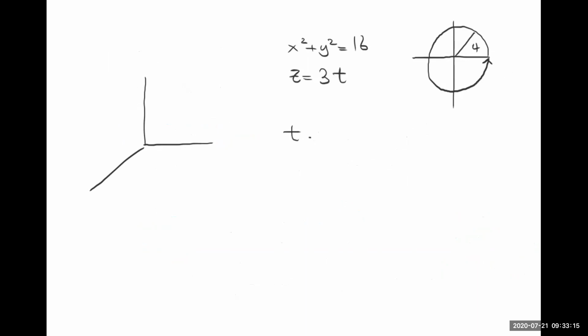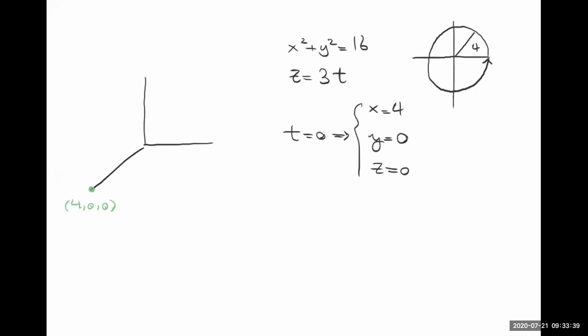So let's see what we have at different times. If t is 0, z would be equal to 0, x would be 4 cosine of 0, y would be 4 sine of 0. Cosine of 0 is 1, sine of 0 is 0. So at time t equals 0, we would be here, at (4, 0, 0).